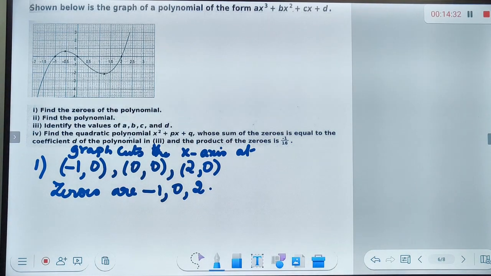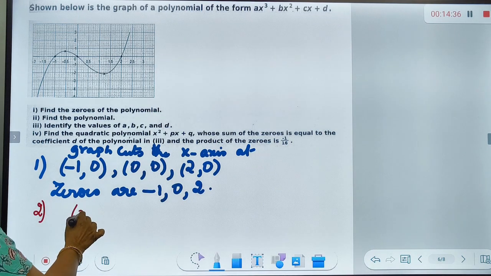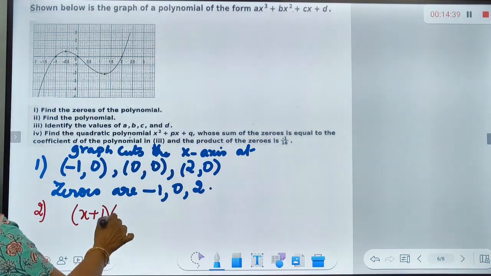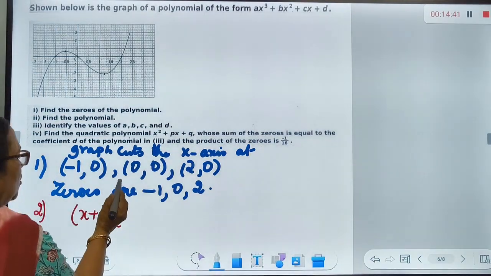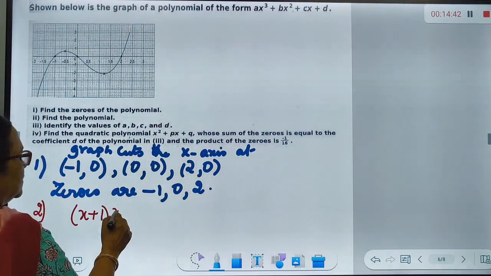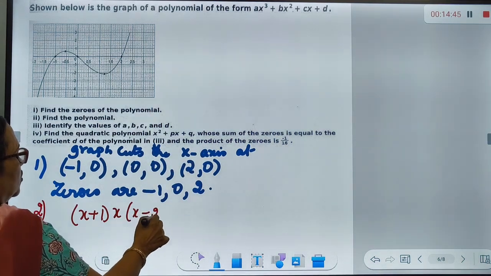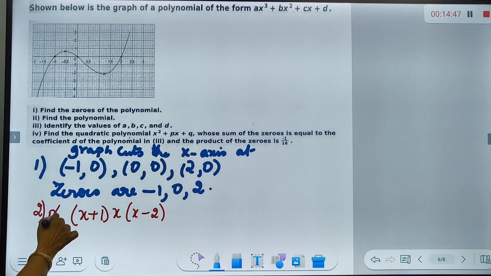Now what is the second question? Find the polynomial. So when you know the zeros, the factors will be x plus 1, x minus 0, which is x, into x minus 2. So the polynomial is x into x plus 1 into x minus 2, because these are the three factors.